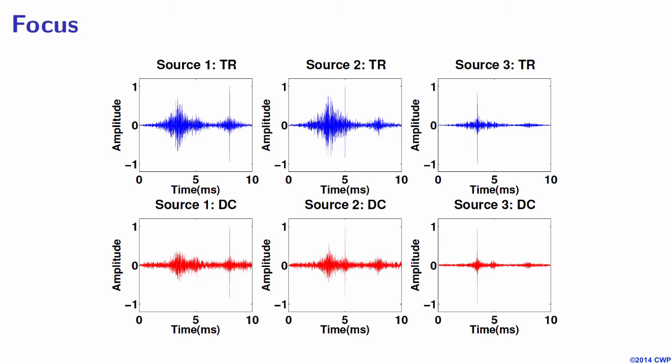So you can note that the maximum amplitude of the temporal focus for source 3 is relatively higher than the rest of the amplitudes over the rest of the time being shown. Whereas for our 1st and 2nd transducers, the maximum amplitude achieved relative to the other amplitudes over the rest of the time is much lower.